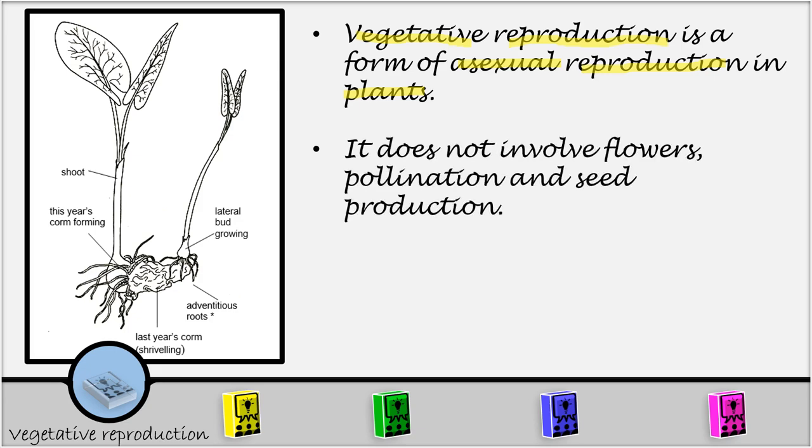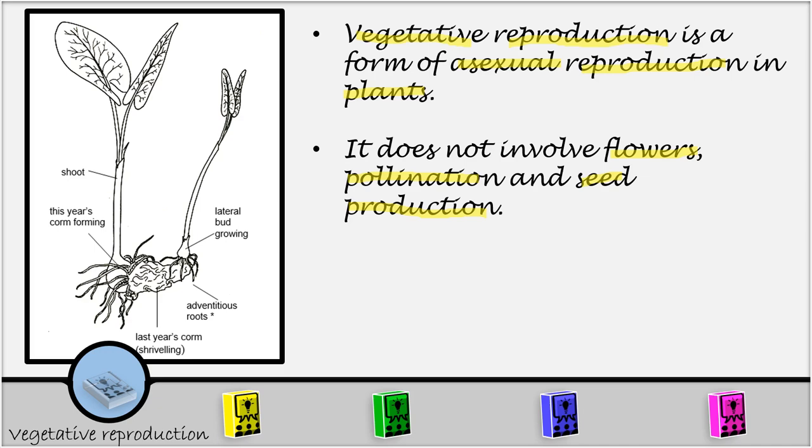It does not involve flowers, pollination, and seed production. In vegetative reproduction, we don't have flowers, because the reproductive part of the plant is a flower, but we know that in asexual reproduction, there is no need of gametes.